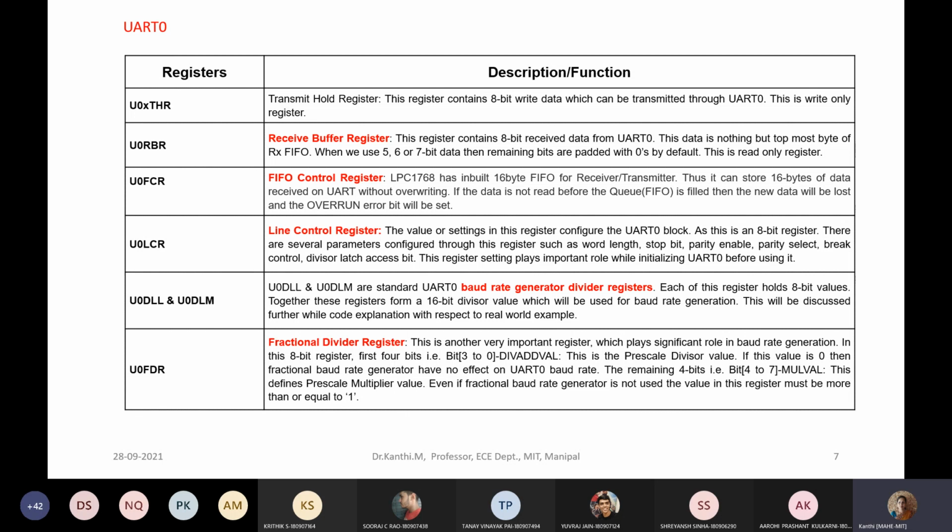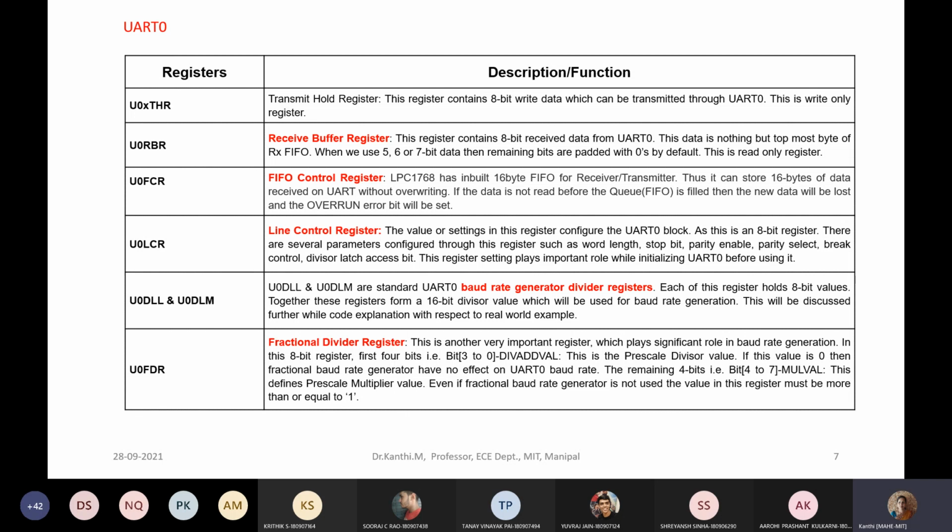Suppose I want to set up a certain baud rate. We need to load the registers with the required values. I don't know whether you have gone through this in your microprocessor course, how baud rate generation is done.